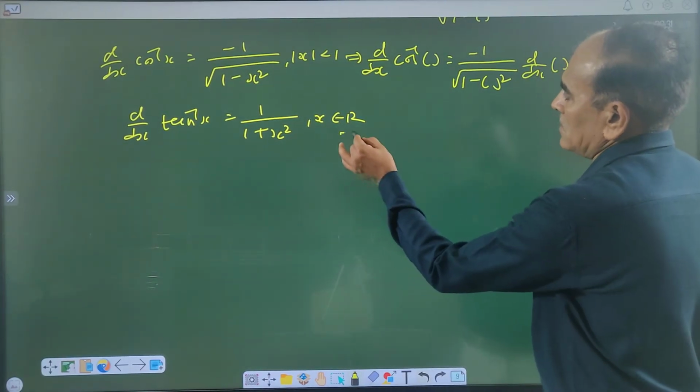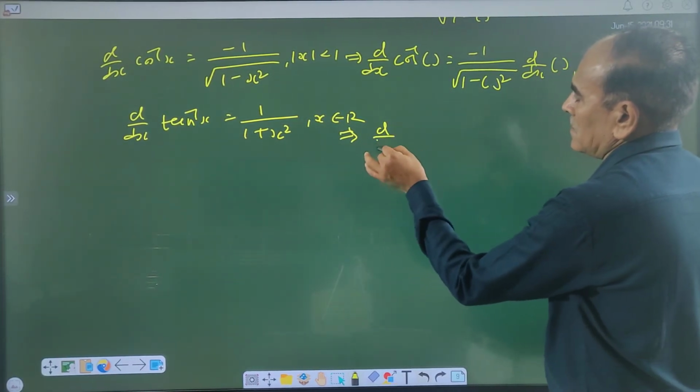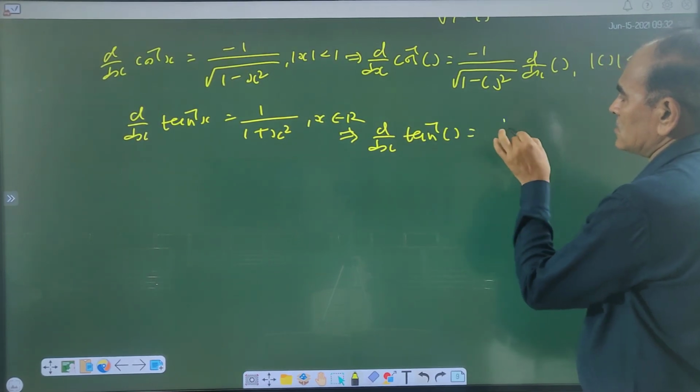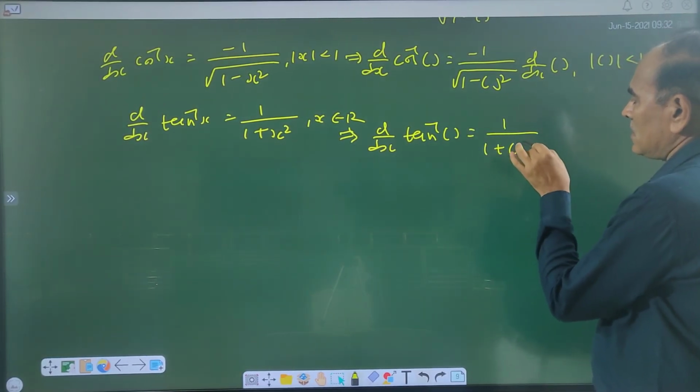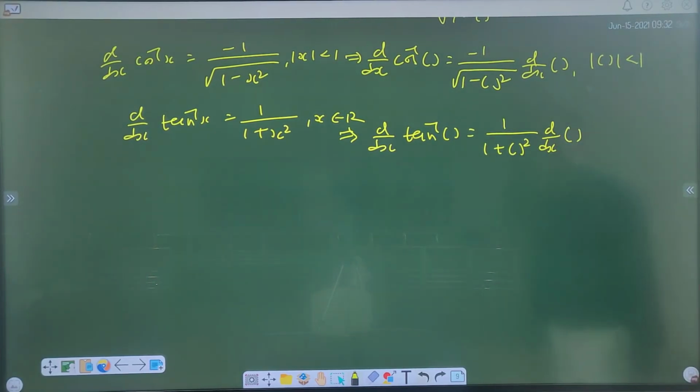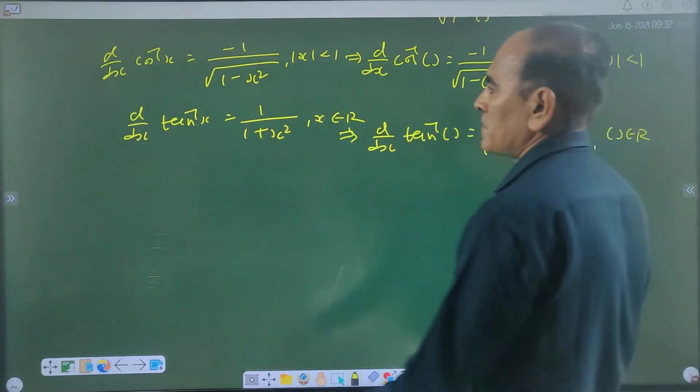How are we going to remember this standard form? d by dx of tan inverse of some function is 1 upon 1 plus some function square, into d by dx of that function, and that function belongs to R. Yes?